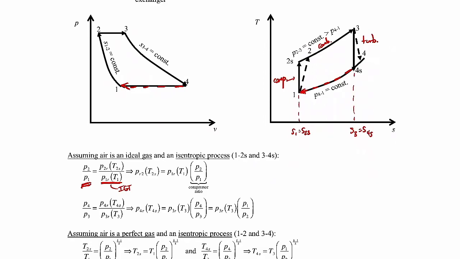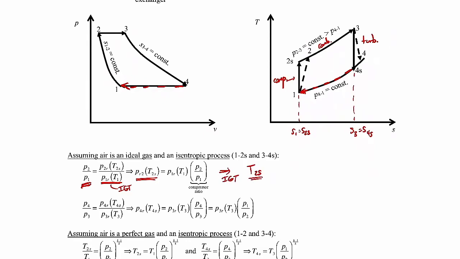So you know the incoming temperature. You find the relative pressure at that temperature from the ideal gas table. P2 over P1 is typically a design parameter that's given to you. You're designing your compressor to give you that much pressure rise. Then you can solve for the relative pressure at T2S, and then you can use the ideal gas table to find the temperature at state 2S.